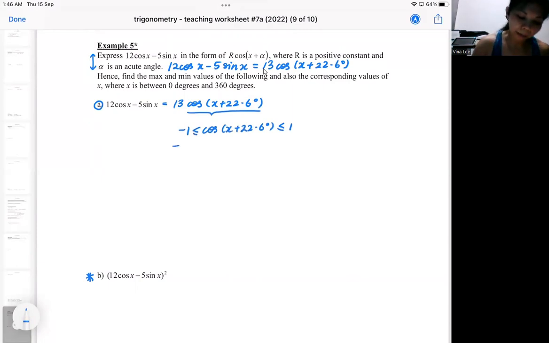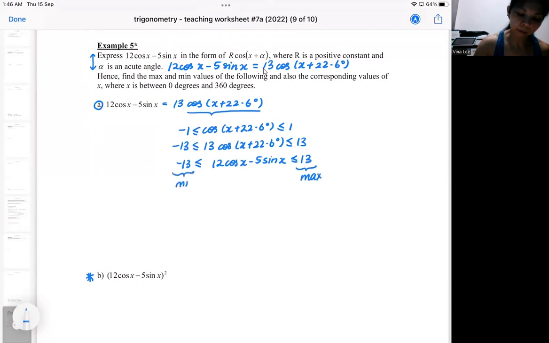So you multiply by 13, and you get your R formula. And your R formula is a representation of the original function. So this will be the maximum value. This will be the minimum value.